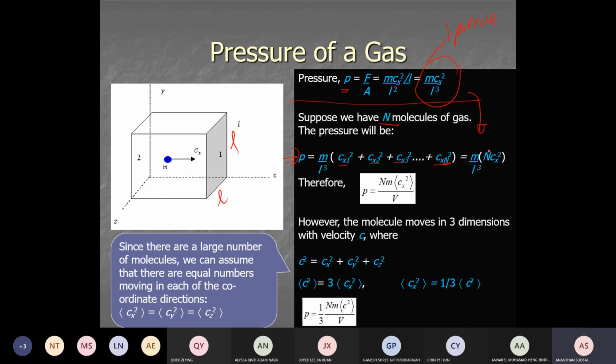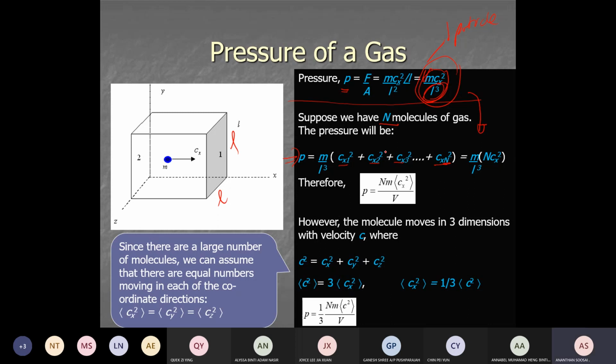So now the pressure caused by the n particles moving horizontally is the same as above, but just multiplied by n: n m cx squared over L cube, right? L cube is actually the volume of the container, so we just put V, volume of the container.